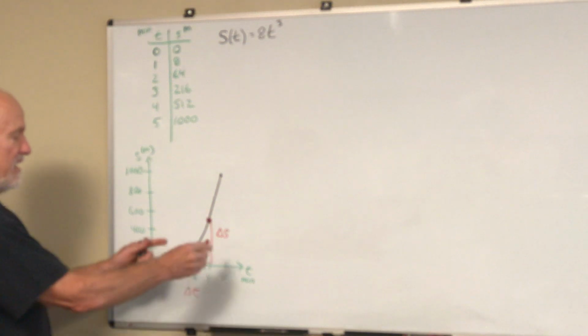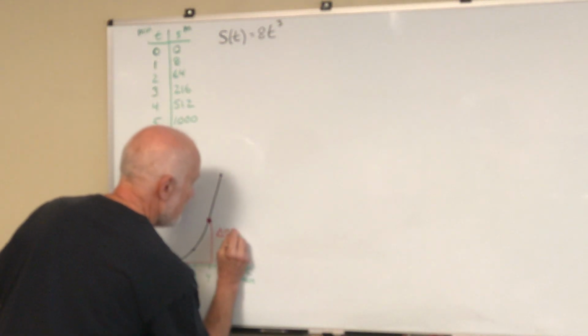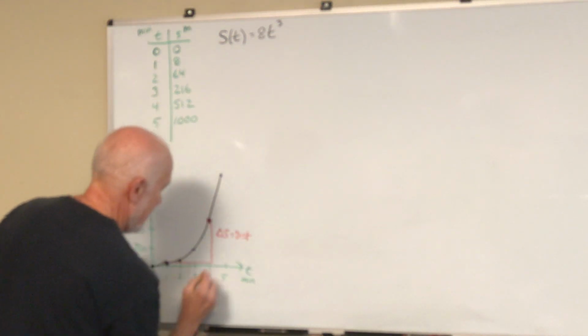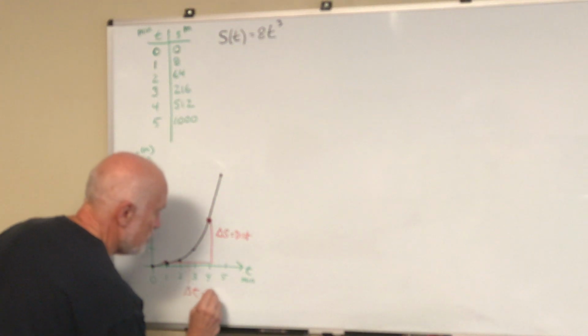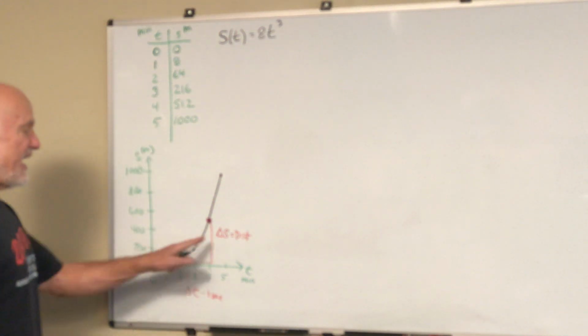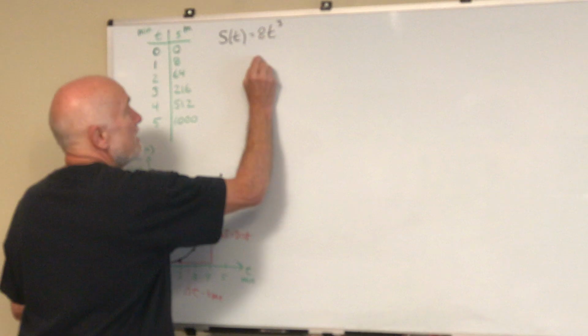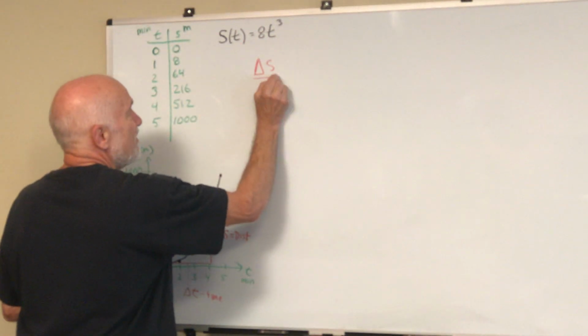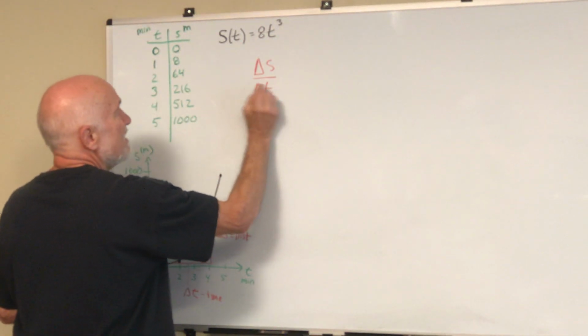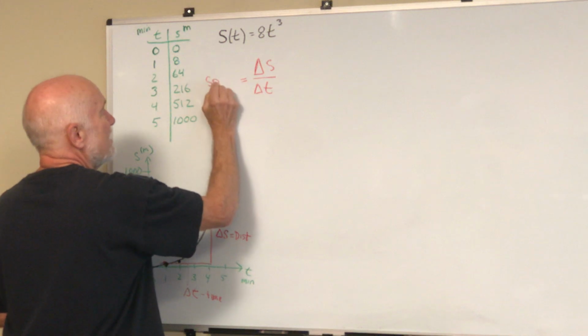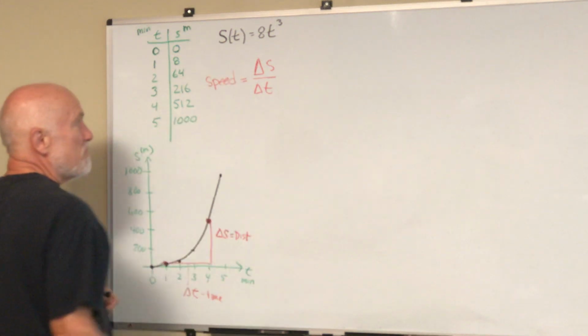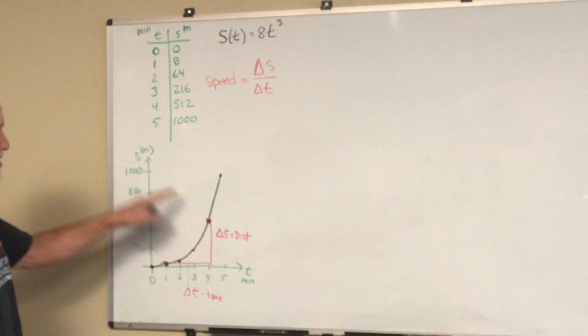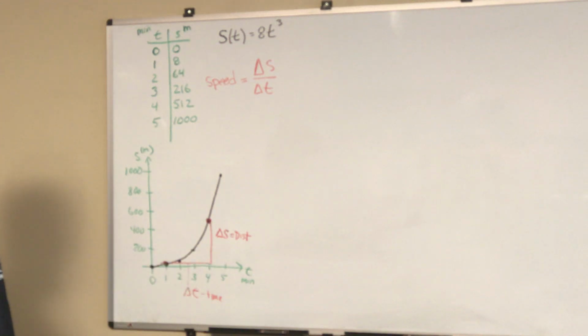And she said, if this is the distance that you went, and this is the time that it took you, if you divide delta s by delta t, you actually get the speed that you're going in meters per minute.